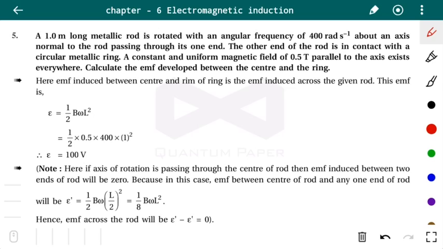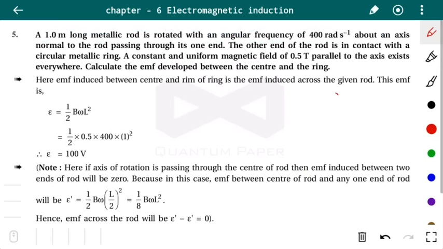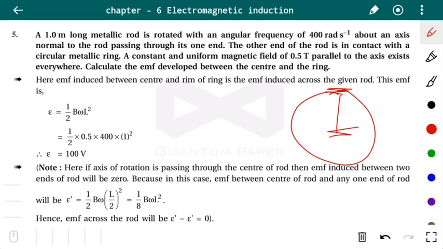The other end of the rod is in contact with the metallic circular ring, and the constant and uniform magnetic field is parallel to the axis which exists everywhere. So here we need to find the induced EMF between the center and the ring, that is between this portion.